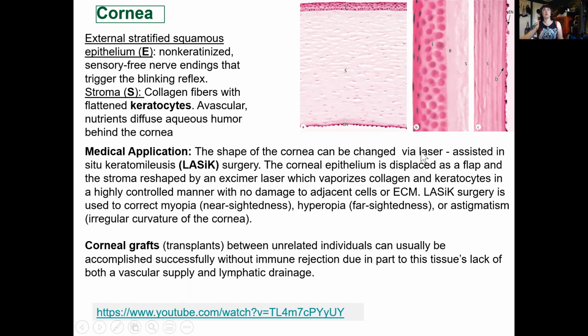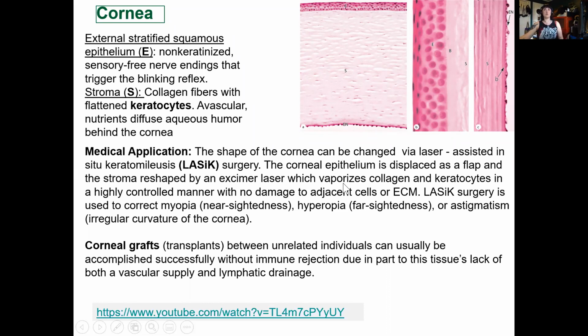The shape of your cornea is supposed to be a dome, a circular dome to the greatest extent possible. But if you have oddly pointy or conical corneas or a lopsided one, that can be an astigmatism.